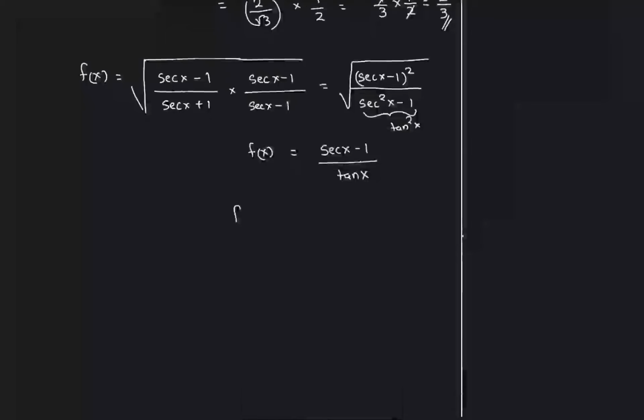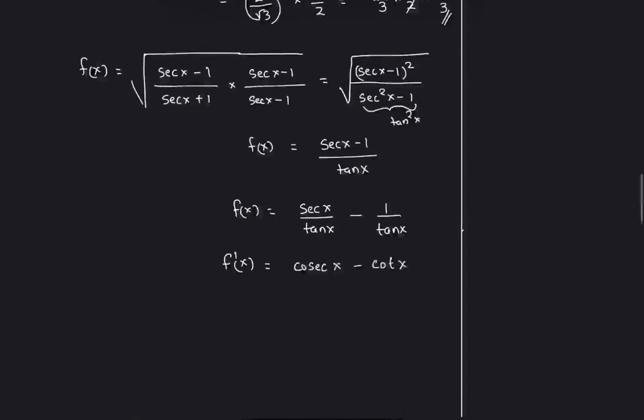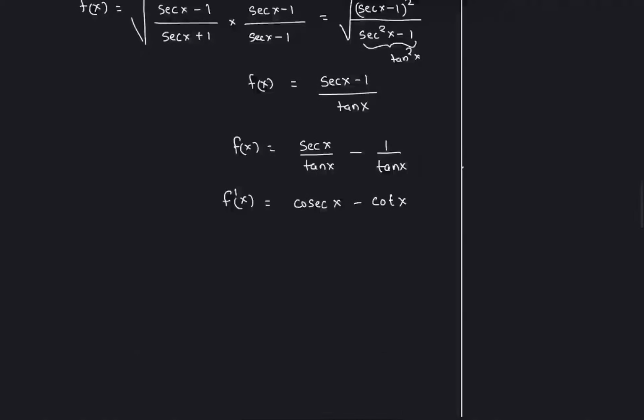That can be further written as sec x over tan x minus 1 over tan x. So over here when you cancel it off you get cosec x minus cot x. So this is f of x.